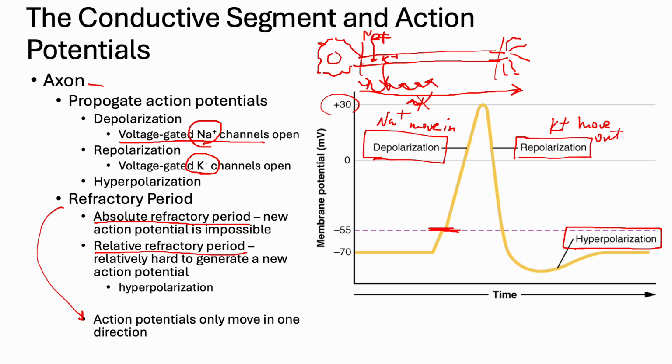One more thing I wanted to mention: the potassium ion channel is what leads to hyperpolarization. But the correction back to the negative 70 millivolts is caused by the sodium and potassium leak channels, which bring the membrane back to the resting membrane potential.